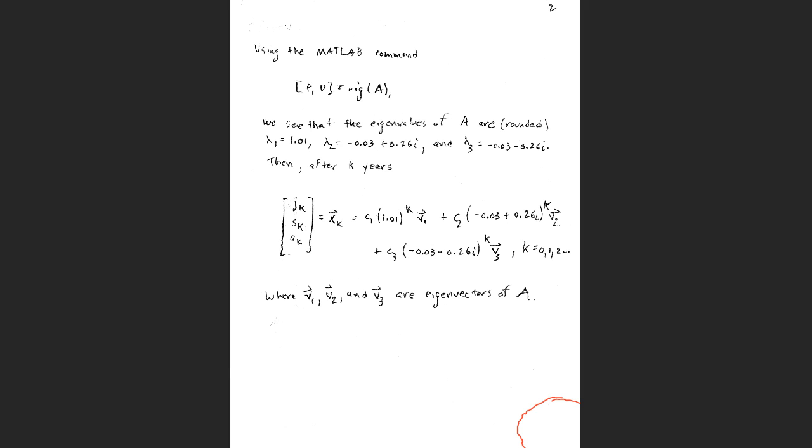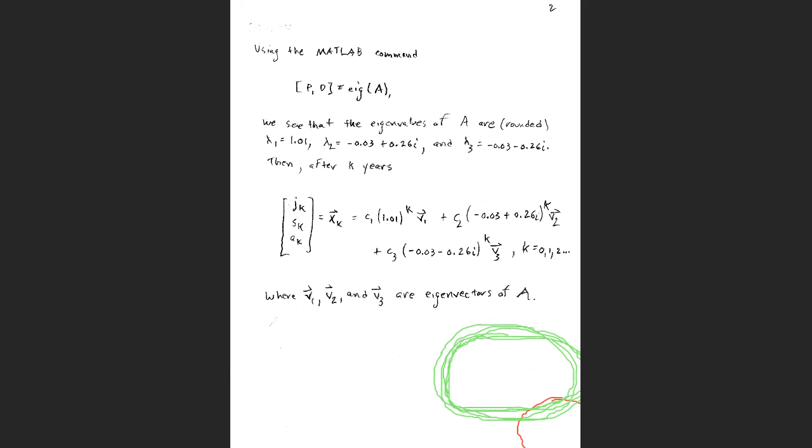So in terms of the evolution of the system, the only important term to concern yourself with is the first term. The first term determines the behavior, the evolution of the system completely. You can ignore the other two terms.